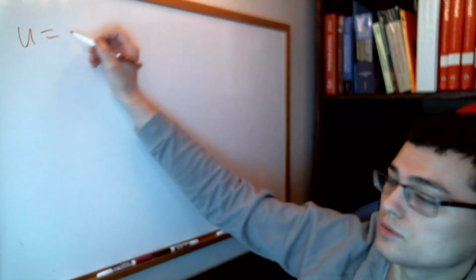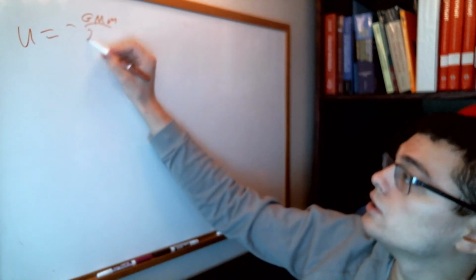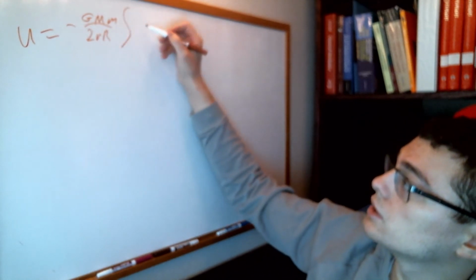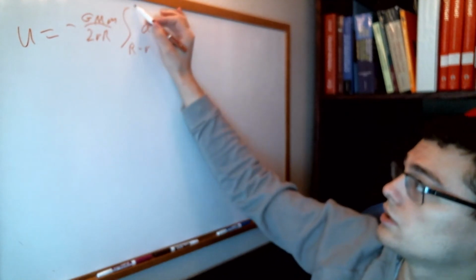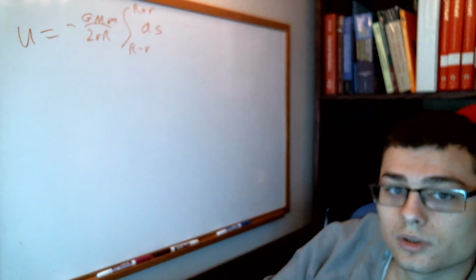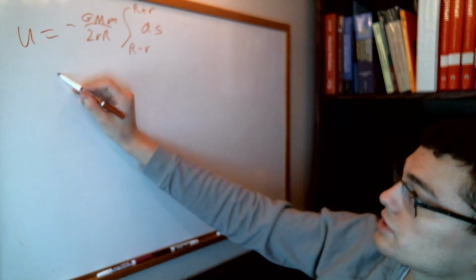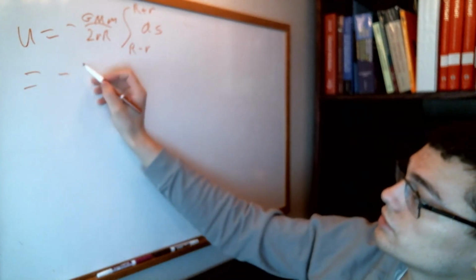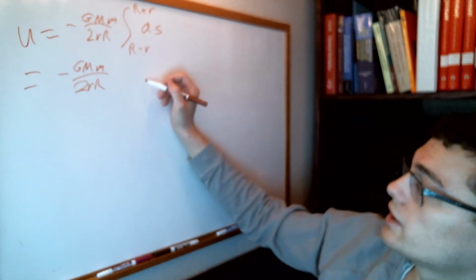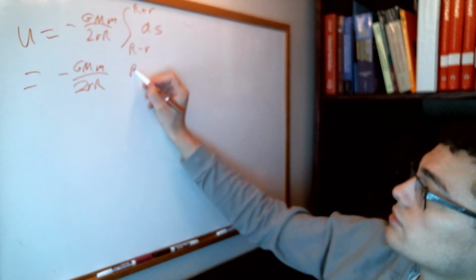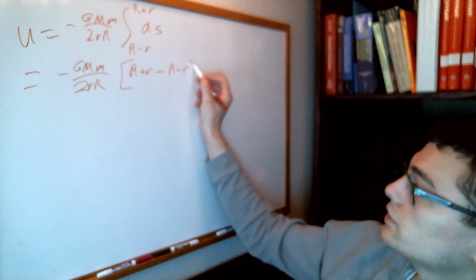So in this case U is going to be equal to negative G over 2rR integral of ds from R minus little r to big R plus r. So then this integral now gives us negative GMm over 2rR, and then you just have to say that this is going to be R plus r minus R minus r.